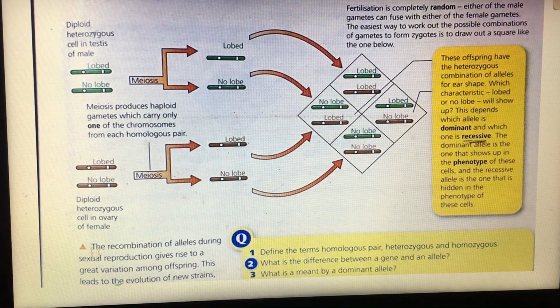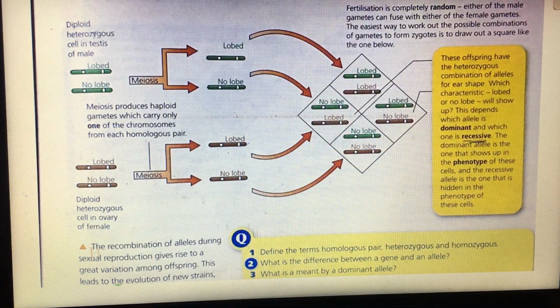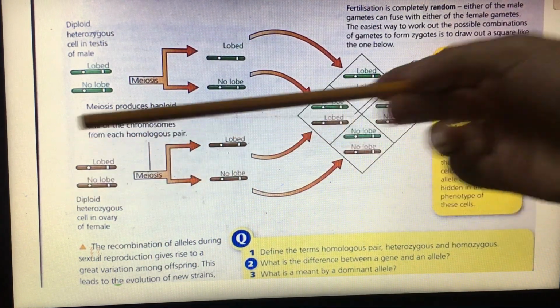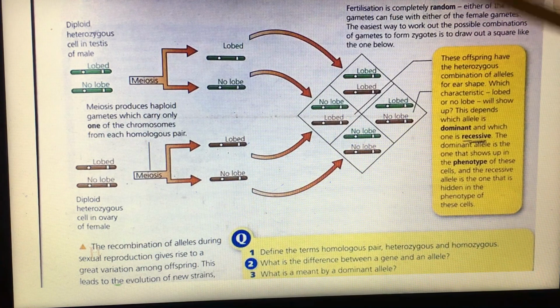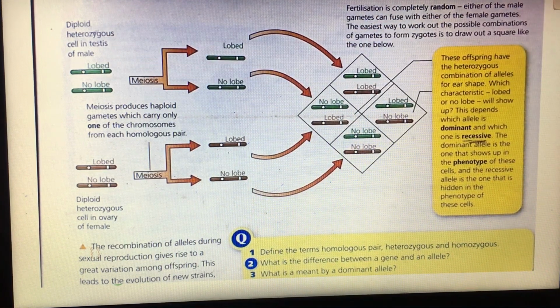So, focus on this diagram. We have 2 diploid cells. The first diploid cell from the male and the second diploid cell from the female. And those 2 cells are heterozygous. That means they have different alleles or alternative forms of alleles.